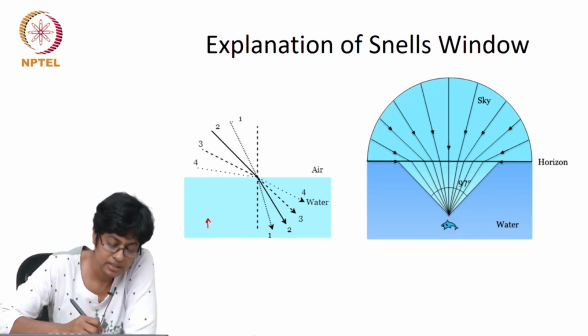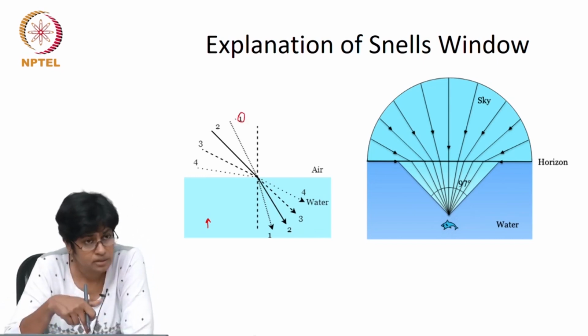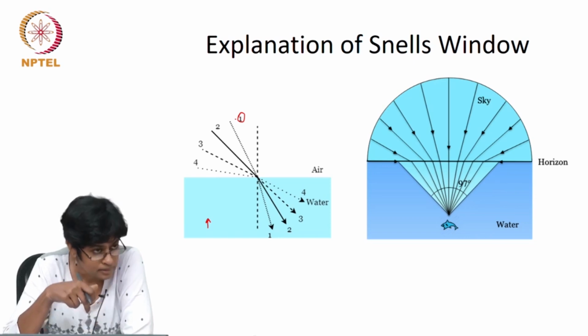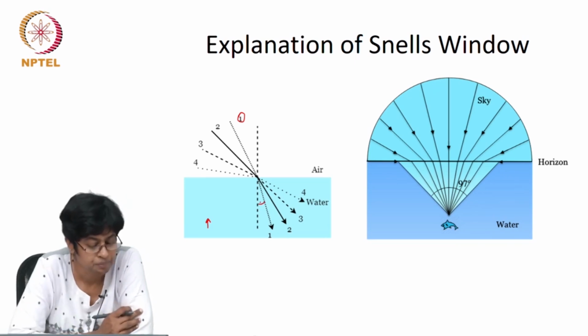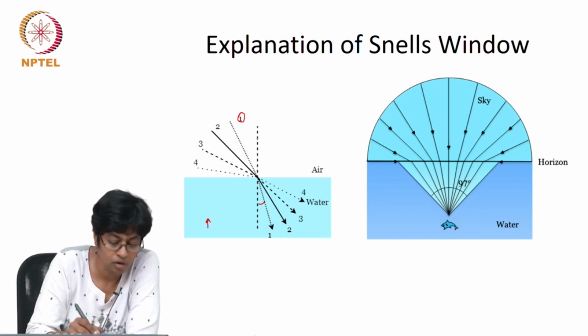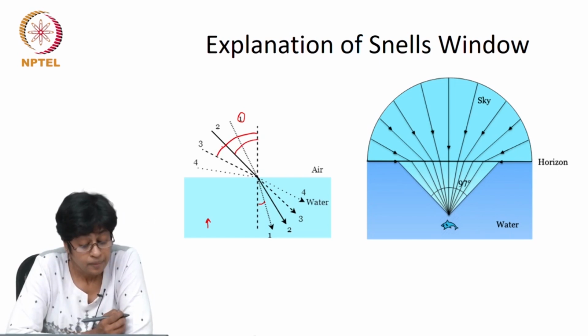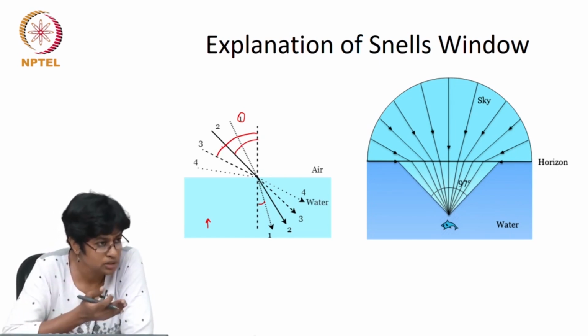If you take this ray number 1, when it enters the medium, since water is a denser medium, it's going to bend towards the normal, so it has a smaller angle over here. But as you go on increasing the angle of the incident rays, this goes on increasing, while in every case the ray of course bends towards the normal.